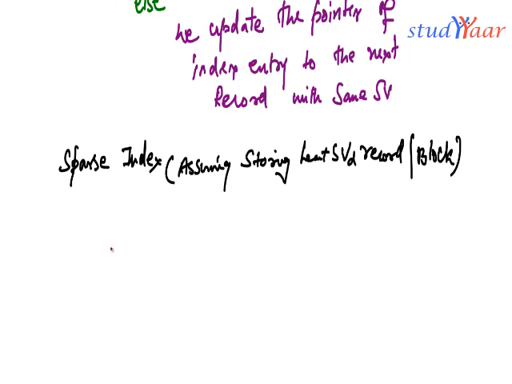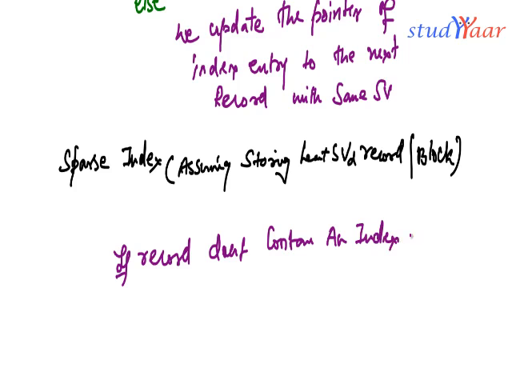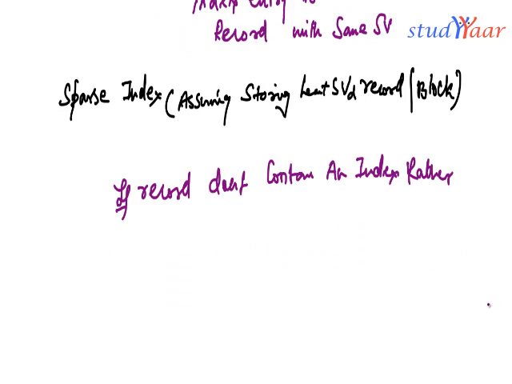So we have two cases. If the record doesn't contain an index entry, then do nothing, just simply delete the record from the file.